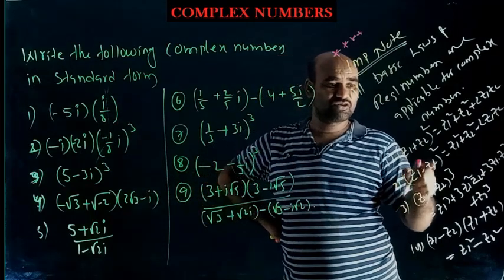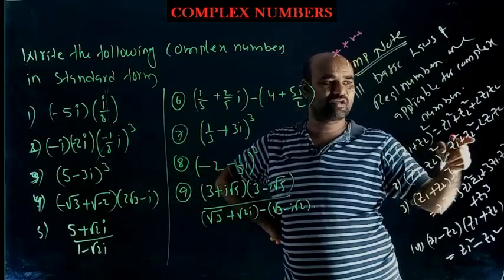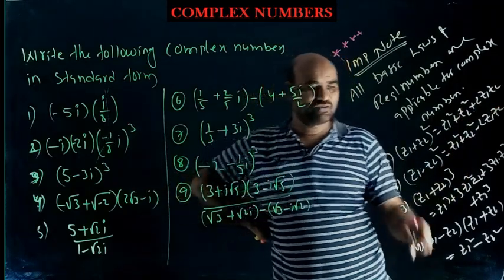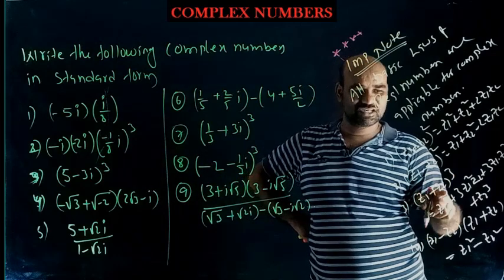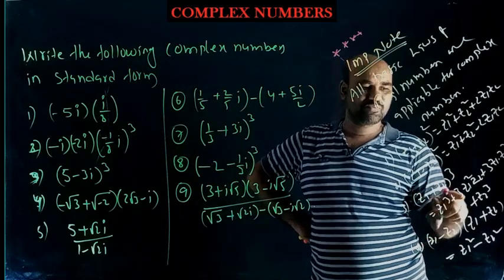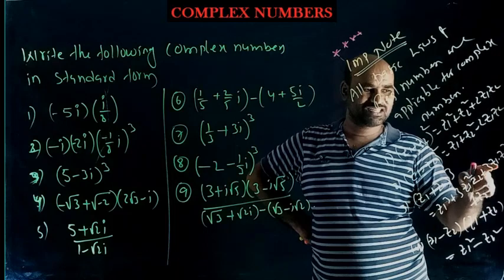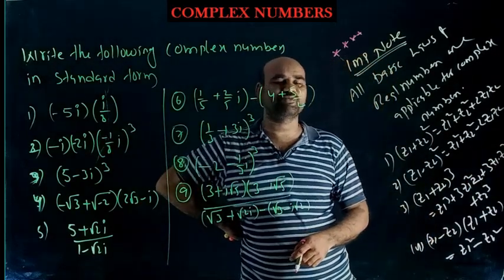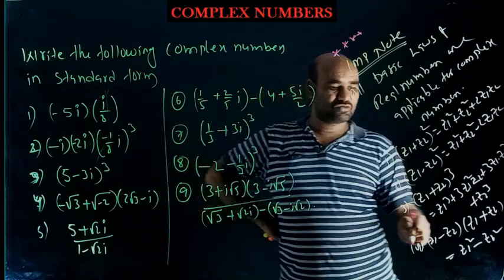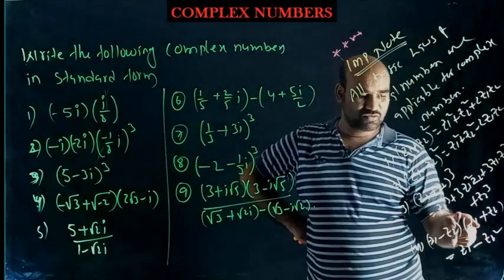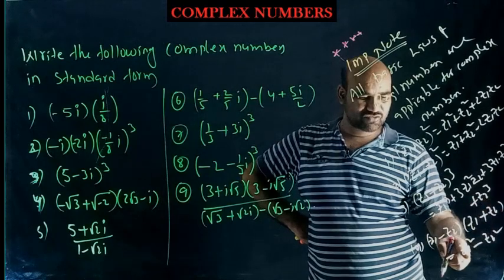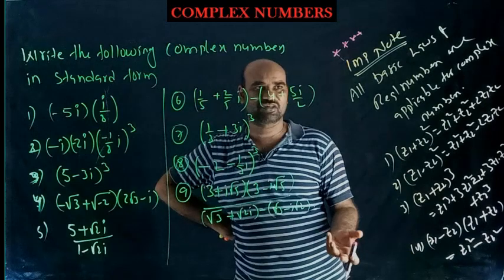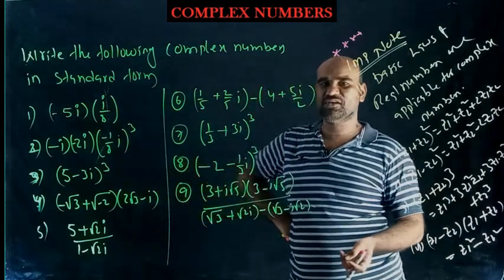So (z1 minus z2) whole square equals z1 square plus z2 square minus 2 z1 z2, (a minus b) whole square equals a square plus b square minus 2ab. (z1 plus z2) whole cube equals z1 cube plus 3 z1 square z2 plus 3 z1 z2 square plus z2 cube, (a plus b) whole cube equals a cube plus 3a square b plus 3ab square plus b cube. So (z1 minus z2) into (z1 plus z2) equals z1 square minus z2 square, means (a minus b) into (a plus b) is equal to a square minus b square. Means all basic laws are applicable in complex numbers.